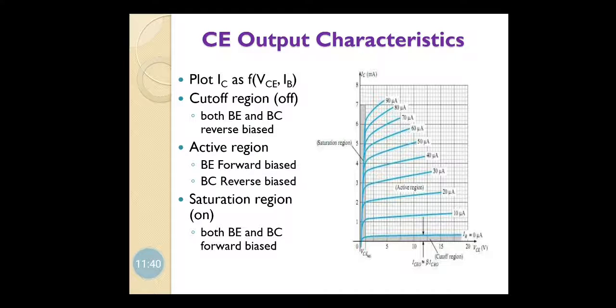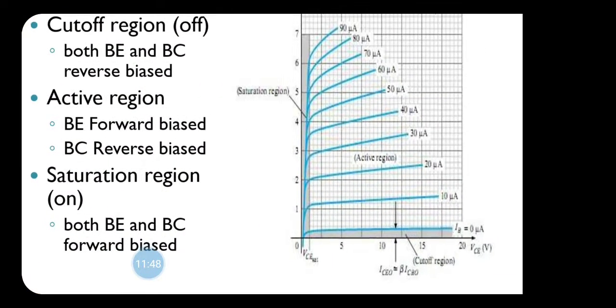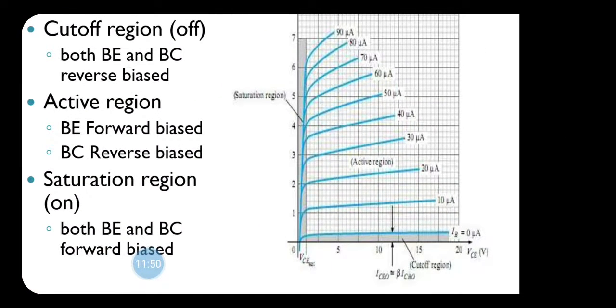Now in this output characteristic, there is one shaded region you can see. So we are going to mark the transistor operating modes in this. As you remember, a transistor operates in 3 different modes: active mode, saturation mode and cutoff mode.